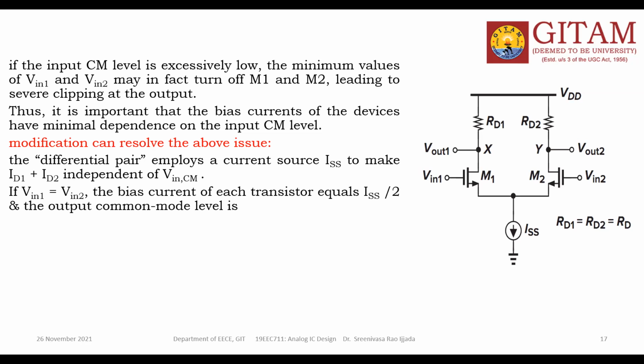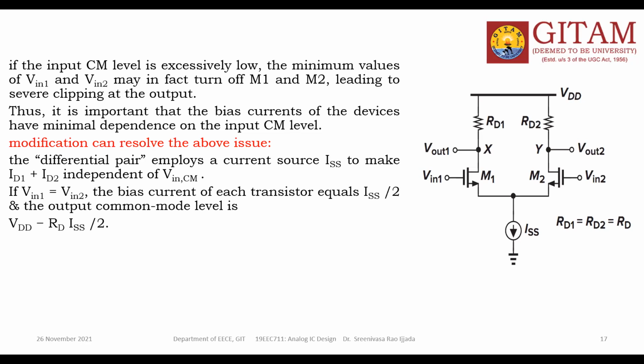So am I right? Yes. Then you can calculate Vout1 and Vout2. Very simple, you know the current in the respective branch. Then you can write Vx, or Vout1, equal to VDD minus ID1 times RD1, where ID1 is ISS by 2.